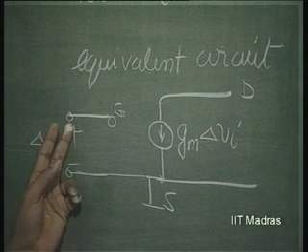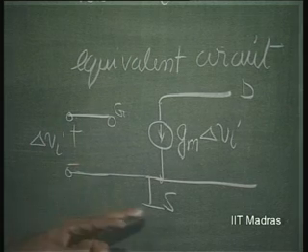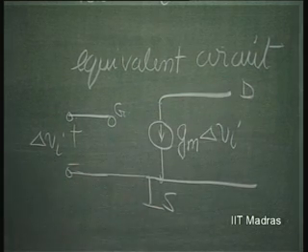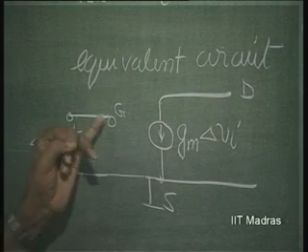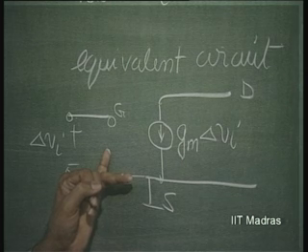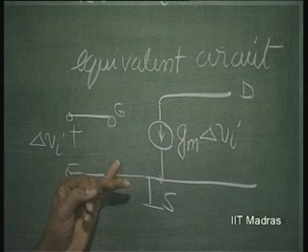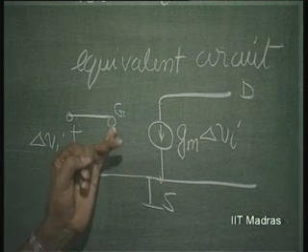Gate is replaced by base, source by emitter, drain by collector, if you want the bipolar. As far as the equivalent circuit, the only thing is that at this point it was very nearly a short circuit, because it was a forward biased junction, whereas here it is an open circuit.